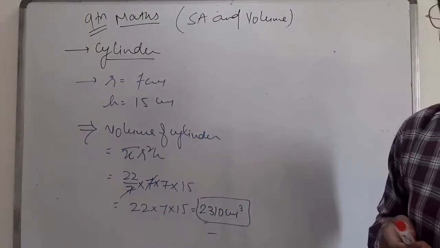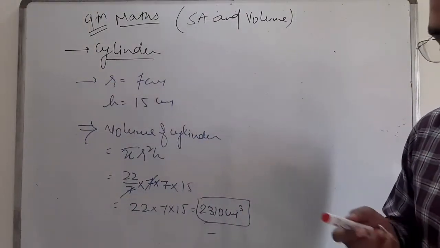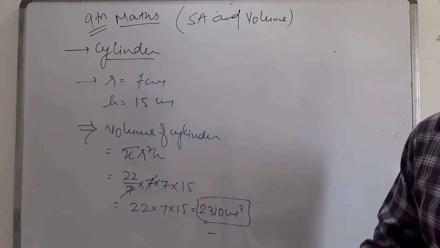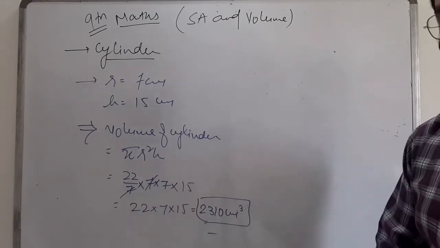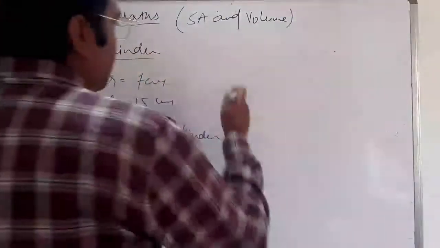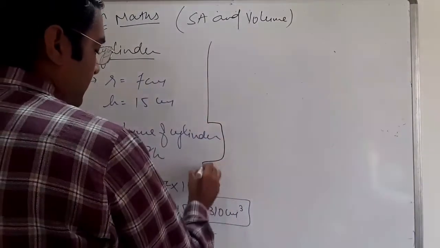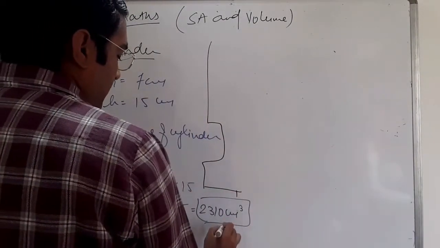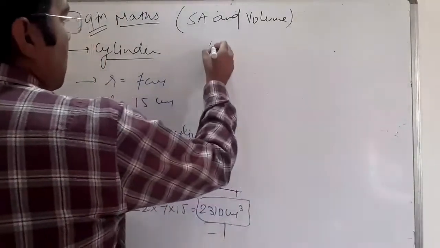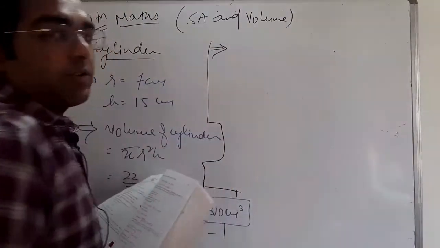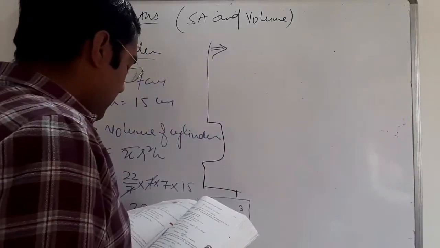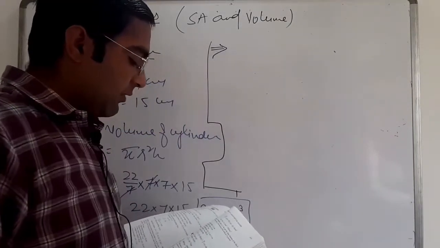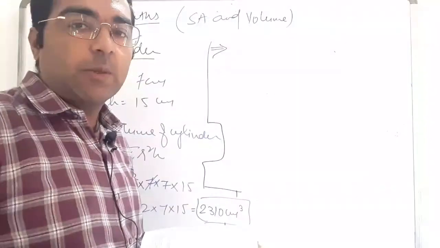Now we are moving on to the second question: the area of the base of a right circular cylinder is 154 centimeter square.